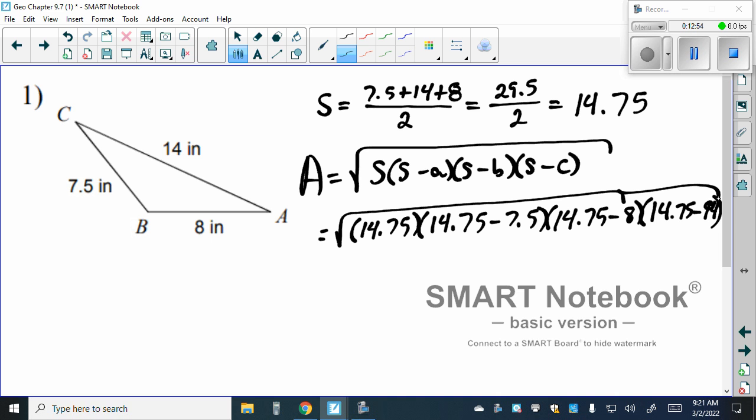Now, the values that we choose for A, B, and C really don't matter as long as they are the three sides and we don't repeat any unless it's repeated. And at this point here, we type it in.